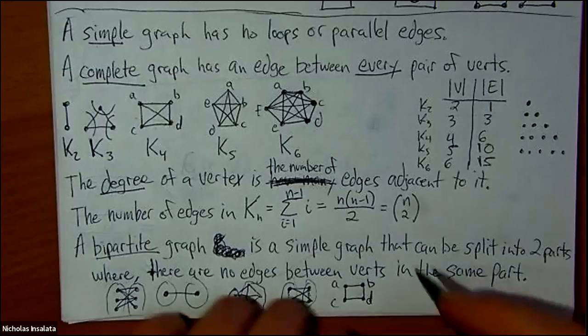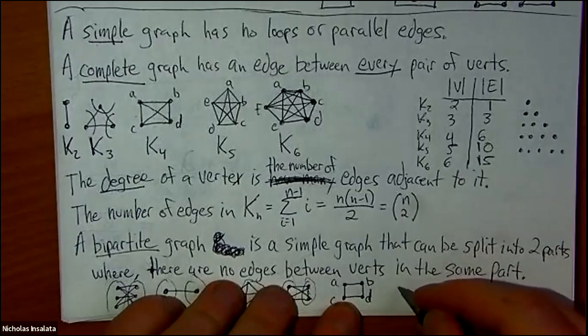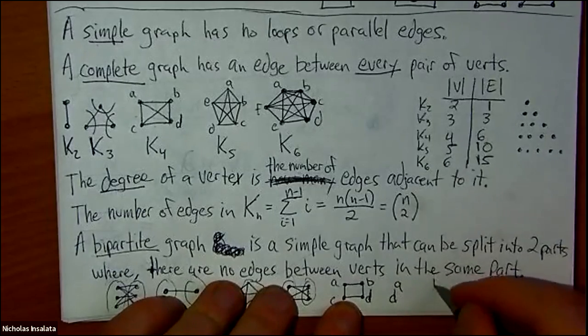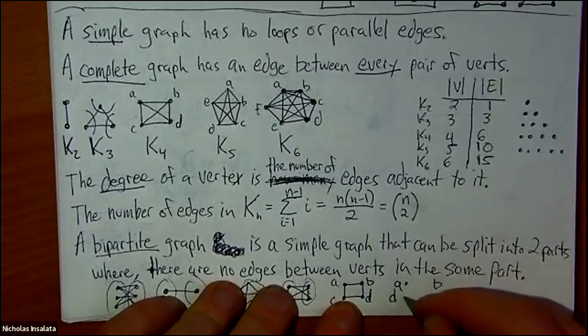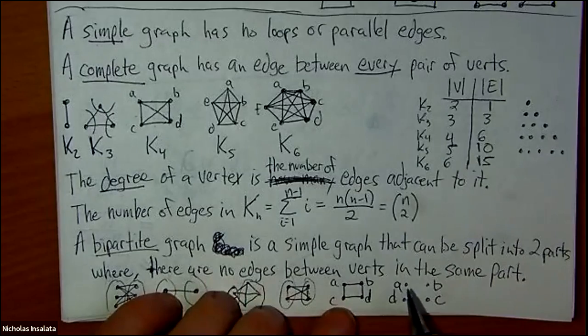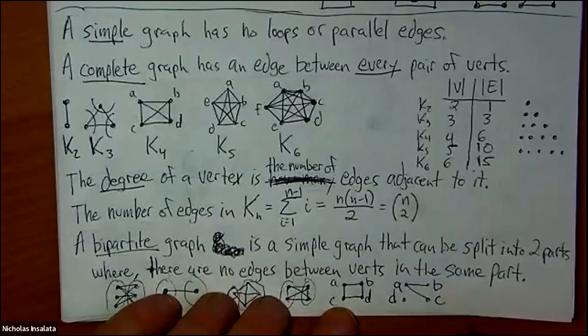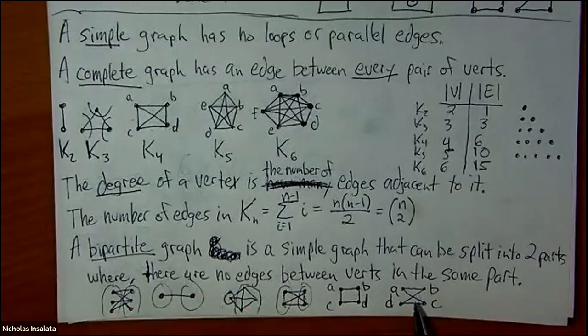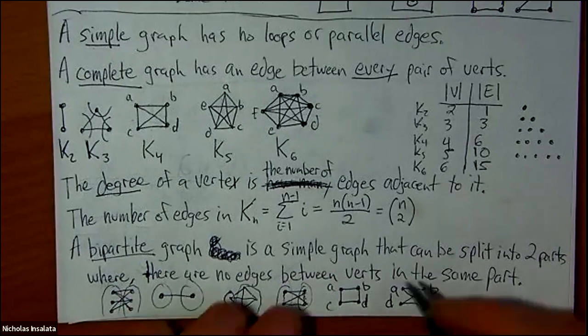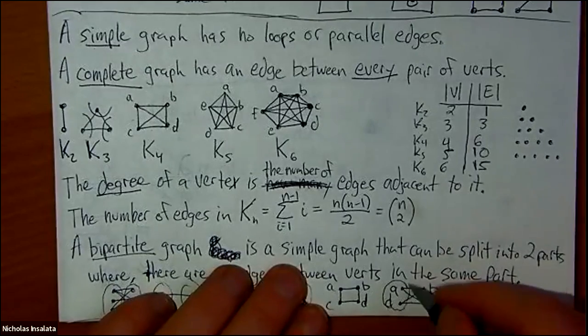Very nice, Sean. So if we have A and D on one side, right, and B and C on the other, well, who connects to who? Let's draw out our isomorphic graph. Well, A connects to B, sure, and A connects to C. D connects to B and C. So the bow tie is actually the same graph as a square, but now it's arranged in a way that it's clearly bipartite.